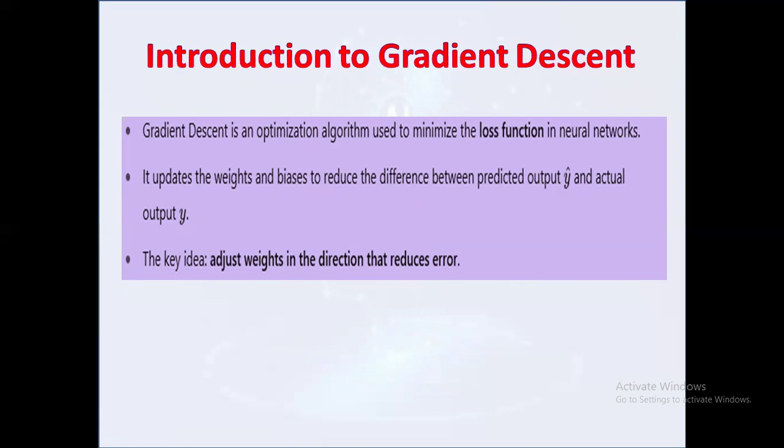The adjustments are made in the direction that reduces the value of the loss function, which measures how far the predicted output y cap is from the actual output y. By computing the gradient, the partial derivatives of the loss function with respect to each parameter, and moving in the opposite direction of the gradient, the algorithm gradually improves the model's performance.